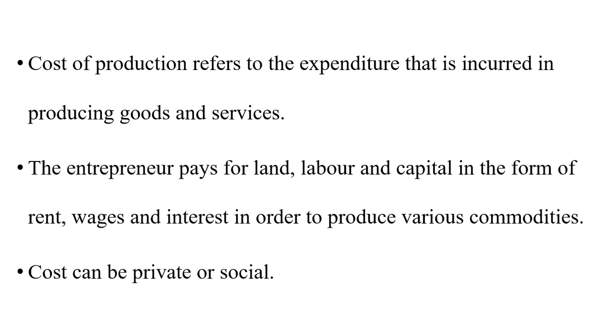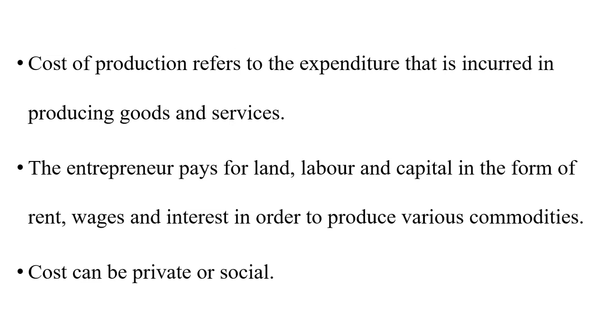Cost of production simply refers to the expenditure that is incurred in producing a unit of a good or a service. The entrepreneur, in order to assemble resources to produce, must pay for those resources by way of land, natural resources, labor, human effort, and capital.